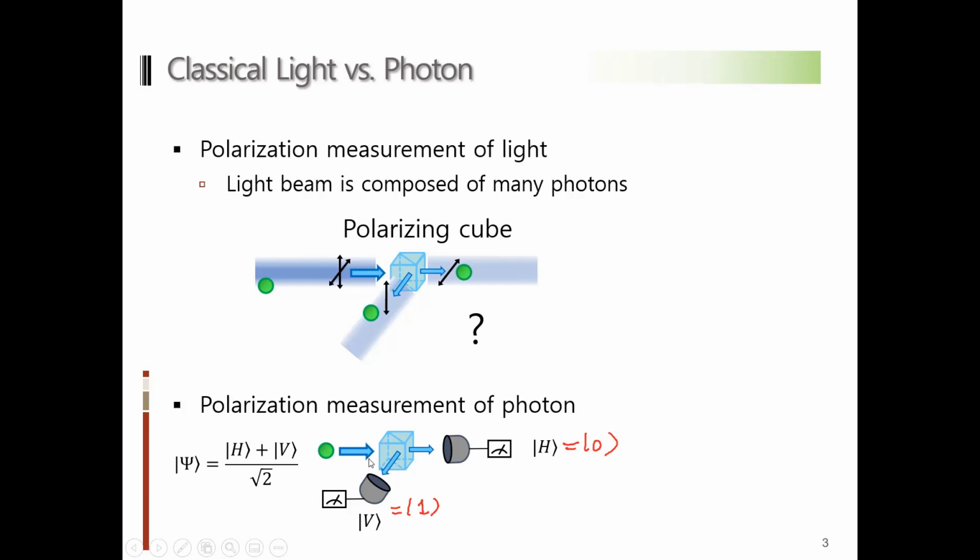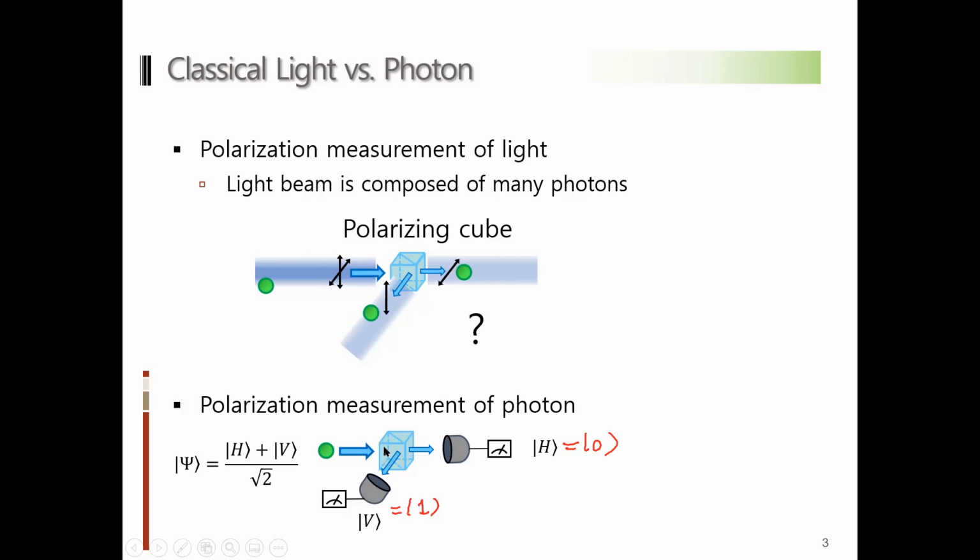If you think about this kind of measurement, then the third postulate makes much more sense, because even if the quantum state is in a superposed state, the measurement result only gives us the eigenvalue corresponding to one of the basis vectors, or eigenvectors.